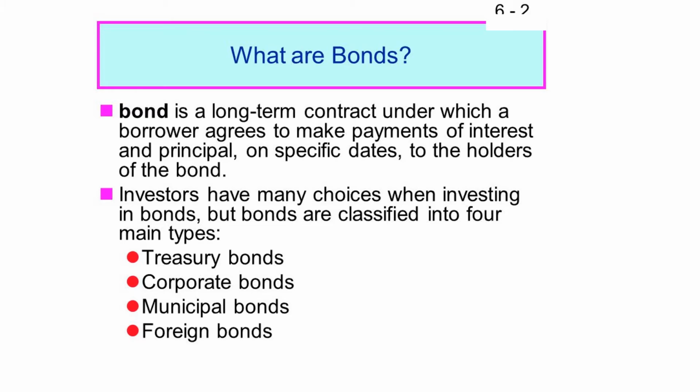What are bonds? A bond is a type of long-term debt instrument in which the issuer owes the holder a debt and is obligated to pay interest, coupon payments, for a specified period, until the maturity date, a later date.